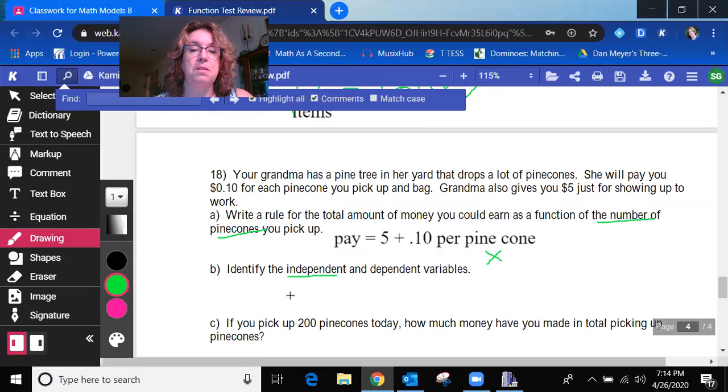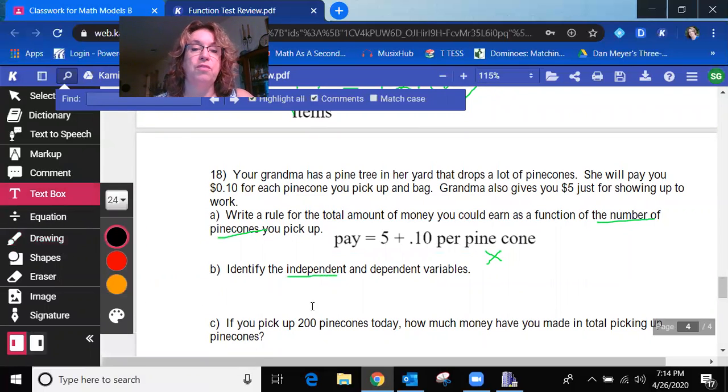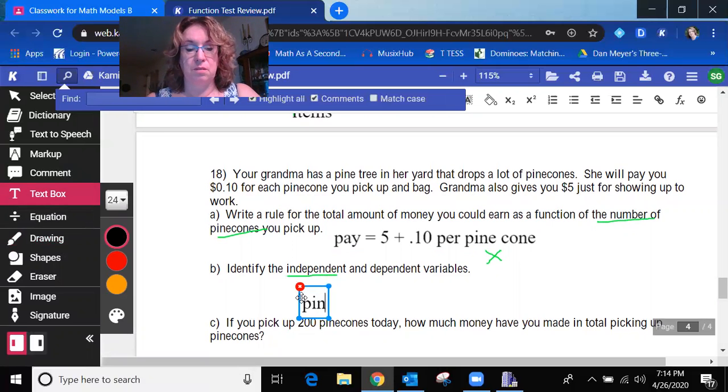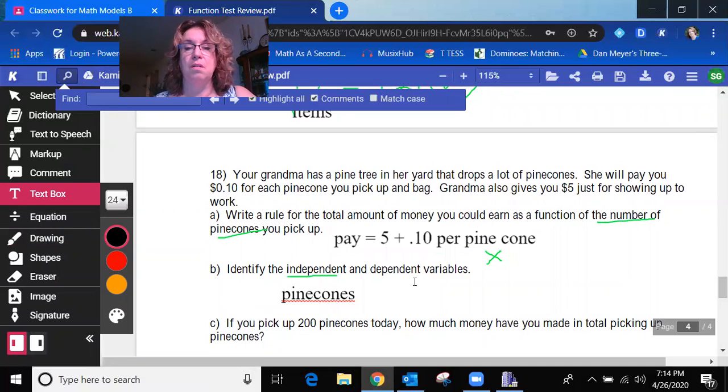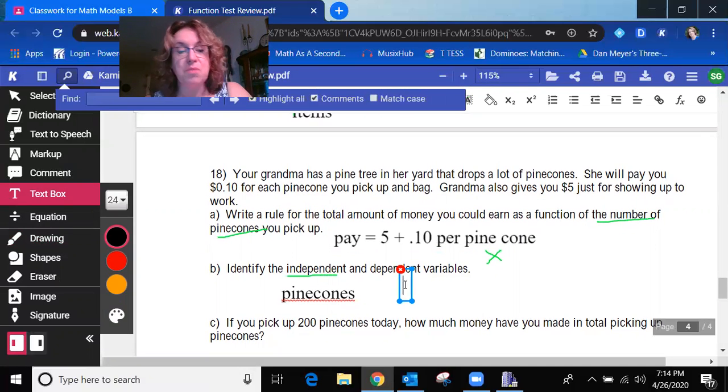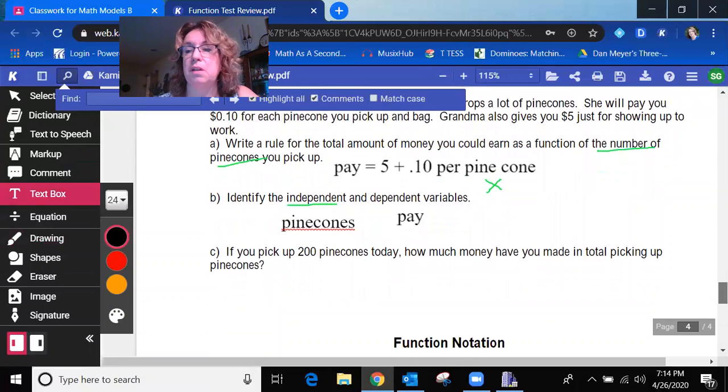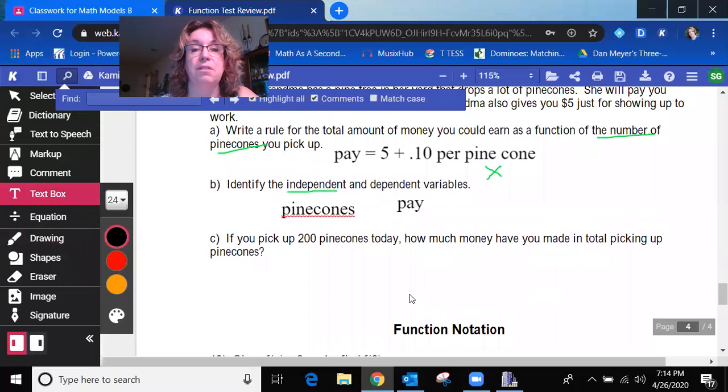So independent, look for function of pine cones. What do you get out of that? What comes out of that? Your pay, your total pay. You might get some cookies or something from grandma too, I don't know.